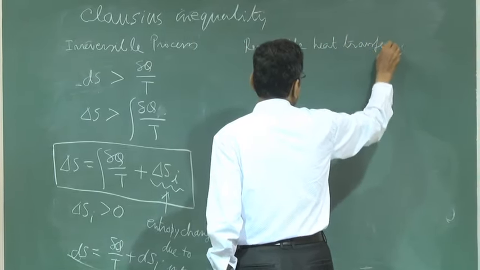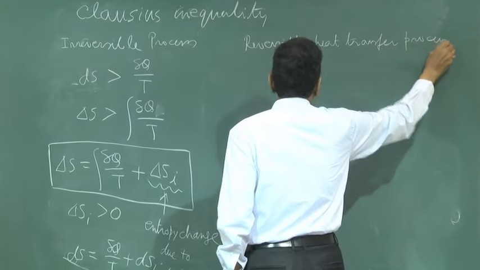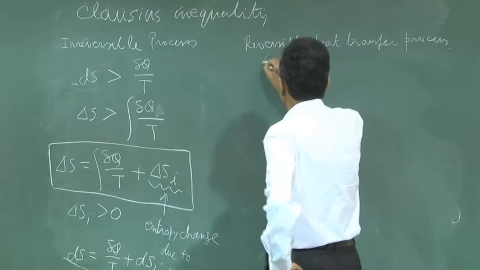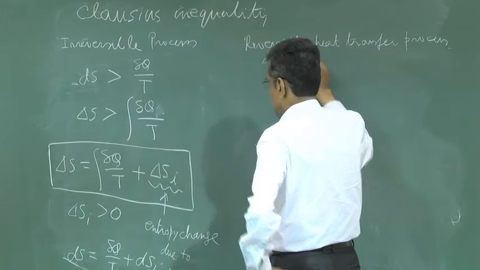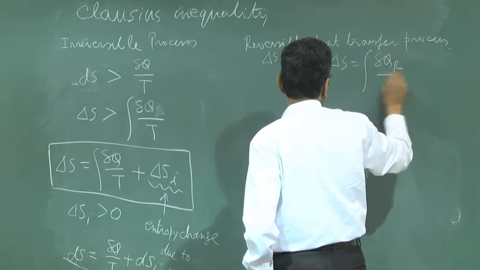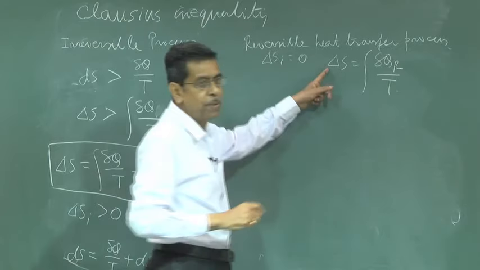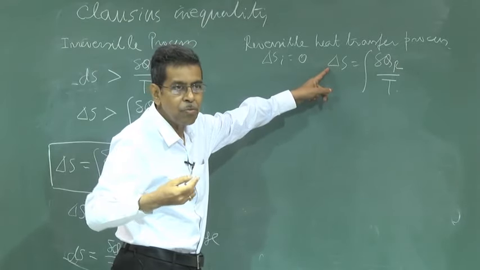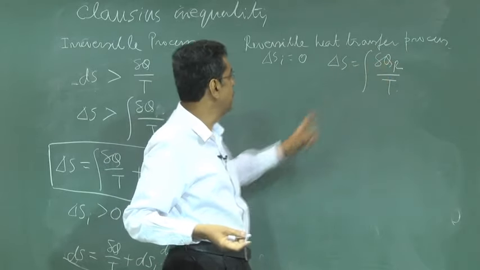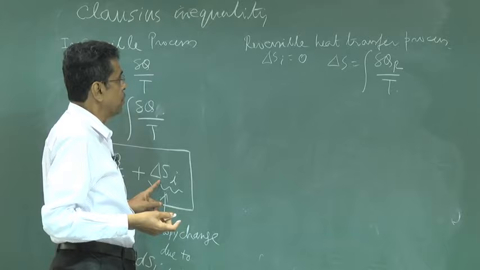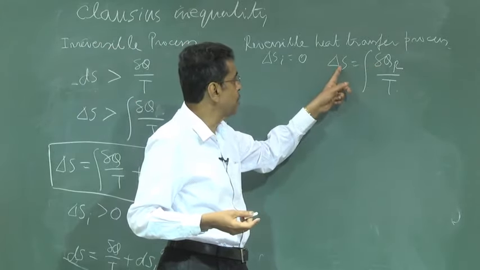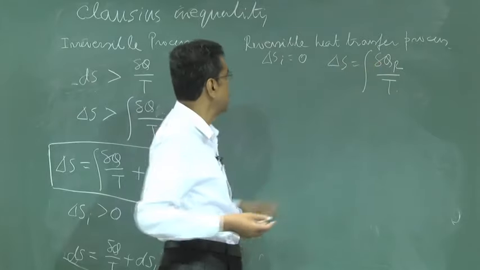Then delta si will be 0, and the result will be delta s equal to the integral, which was the basic definition of change in entropy. Entropy is always defined from its inception in terms of the change: delta s is delta qr by t. So, for any reversible process with heat transfer, if heat is added to the system, delta s is positive. If heat is taken out from the system, delta s is negative.